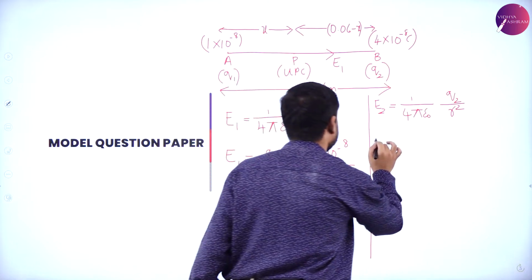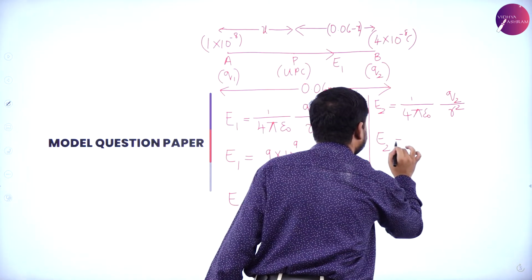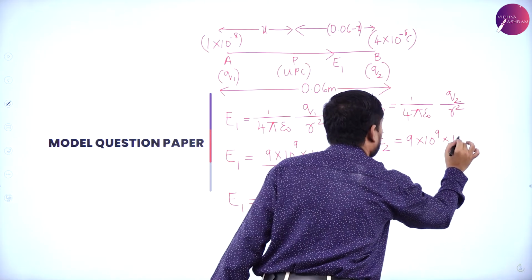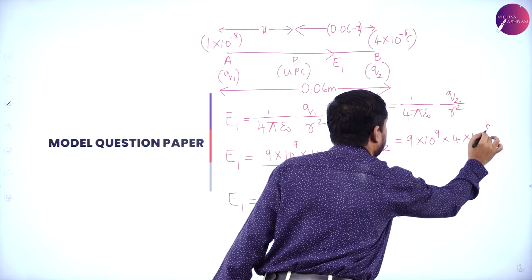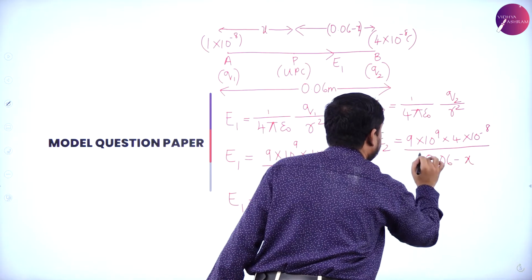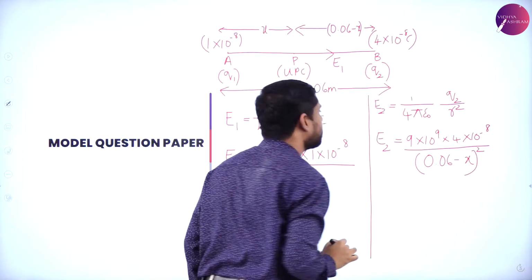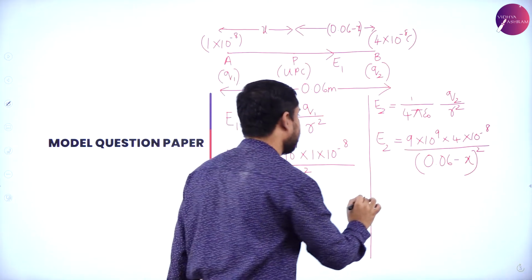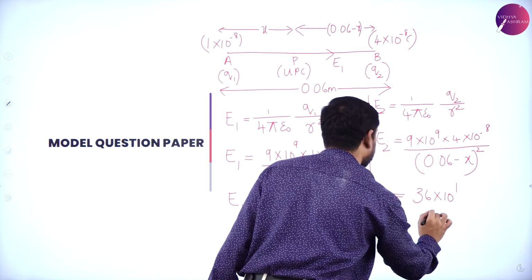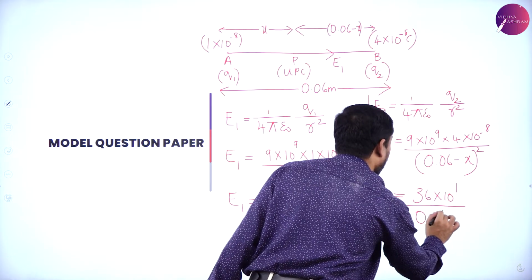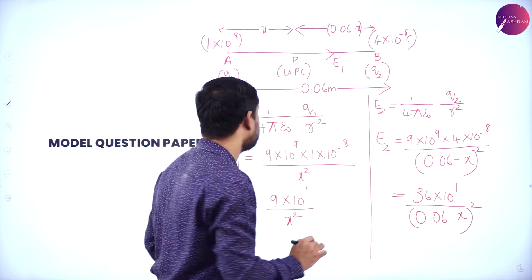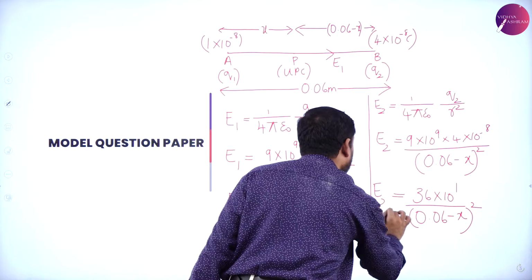Or on substitution, E2 is 10 power 9, Q2 is 4 into 10 power minus 8, divided by 0.06 minus x whole square. Or this is 36 into 10 power 1 divided by 0.06 minus x whole square. So this is the value of E2.